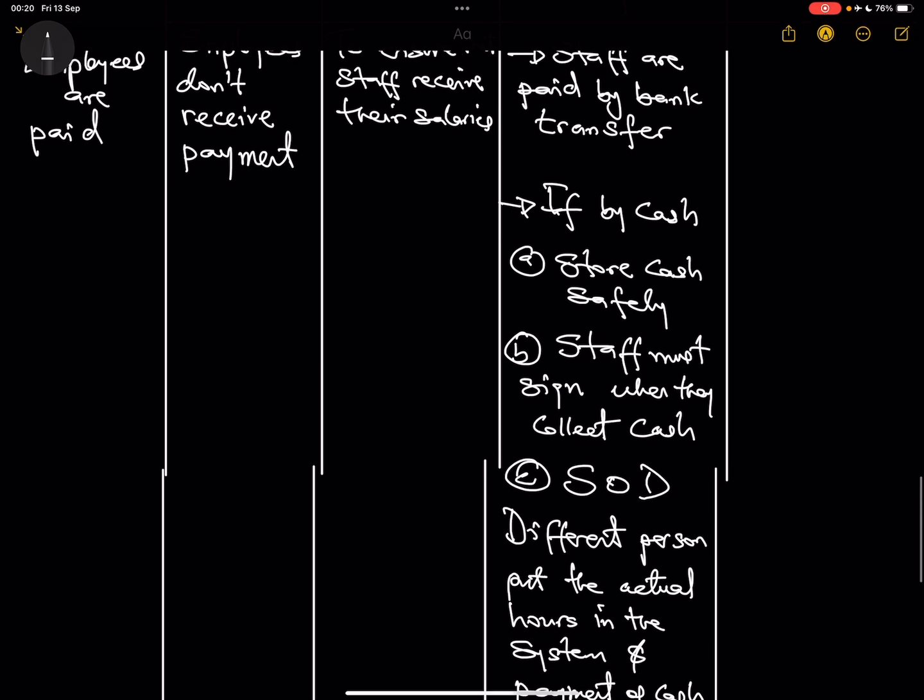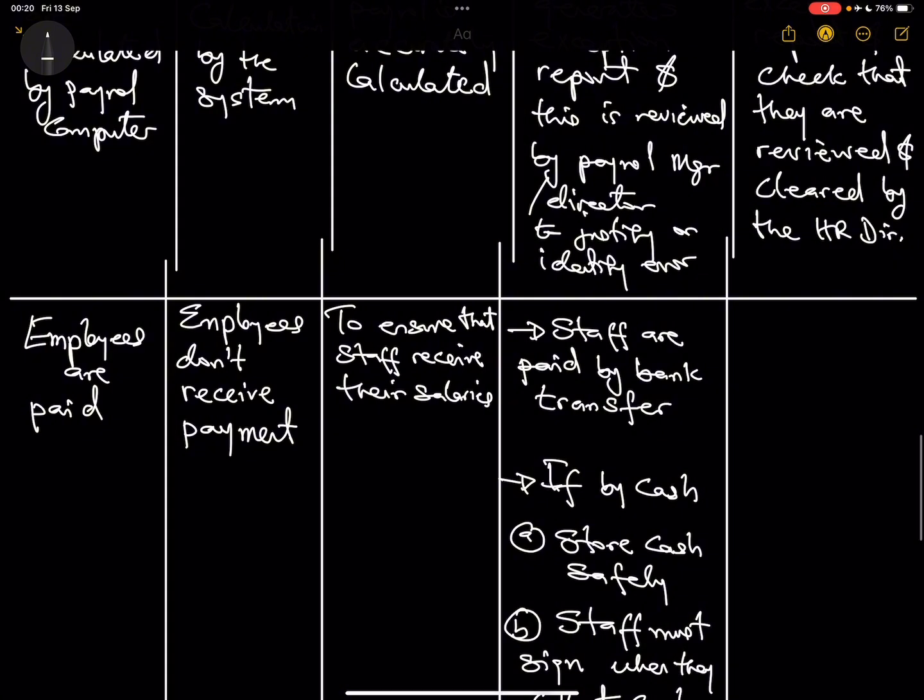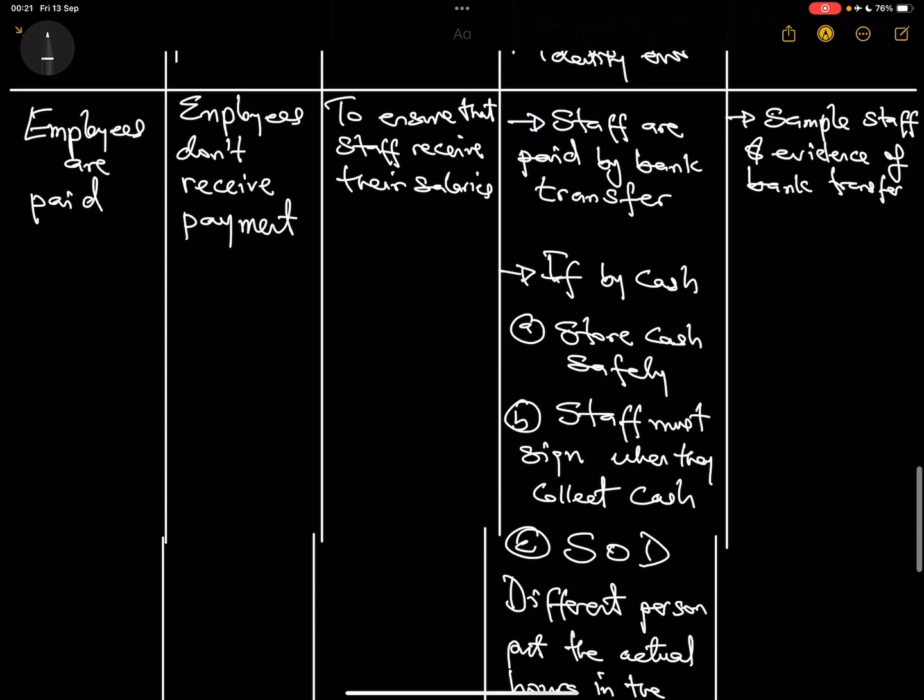Extremely important. Yeah. And now, how will the auditor test? Auditors can just sample staff and collect evidence of bank transfer. That can also be visible in the bank statement of the company.